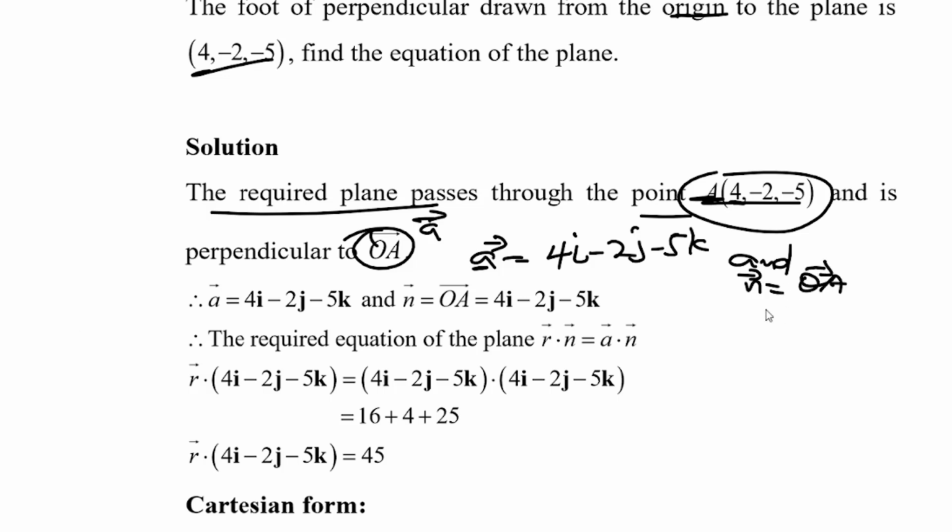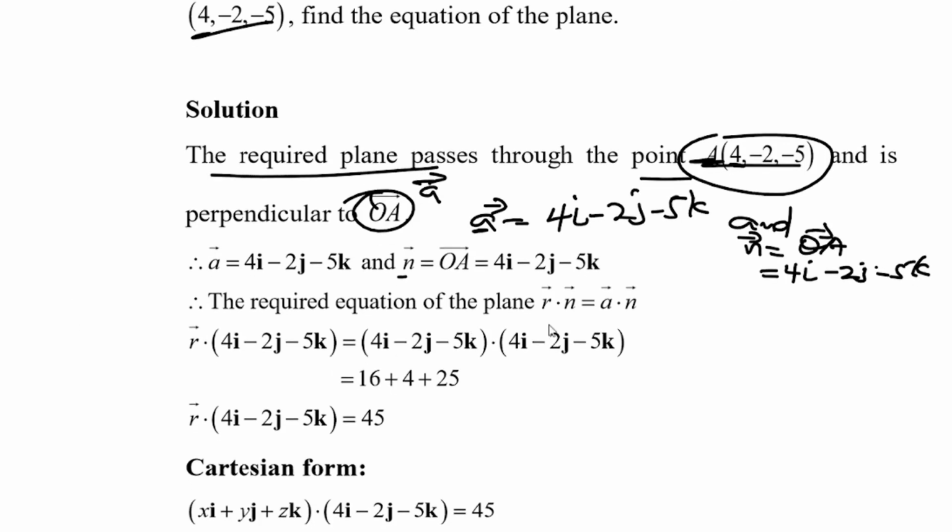Why are we saying it's OA? We are saying it's OA because the plane passes through the point A, and it's also perpendicular to OA. And for that matter, our N is also equal to OA, and therefore we have 4i minus 2j minus 5k. So this is a substitution. What you do, guys, is just substitute the values in.